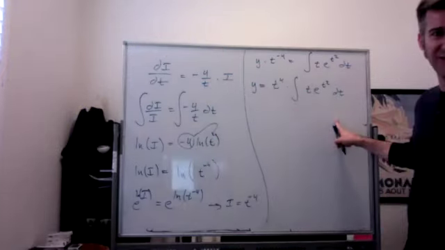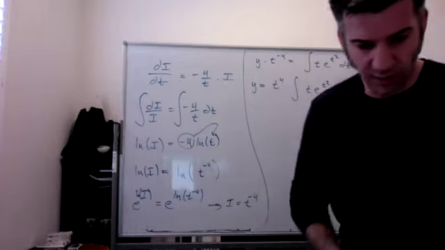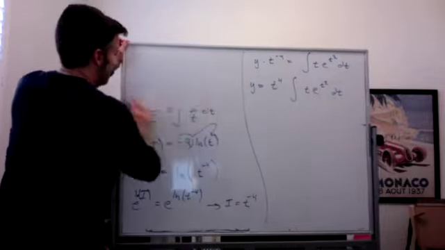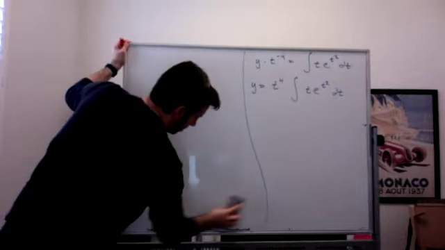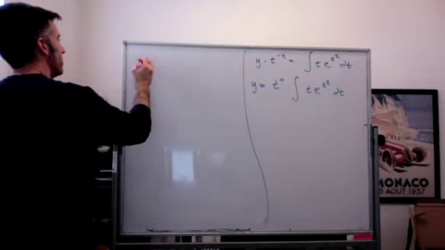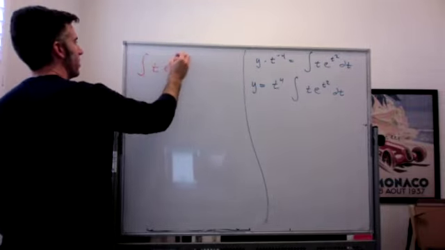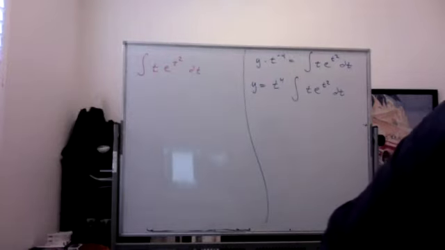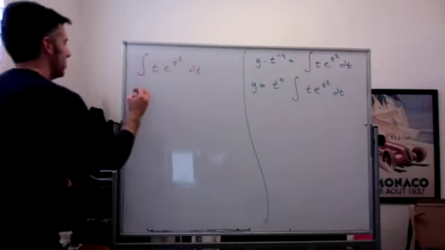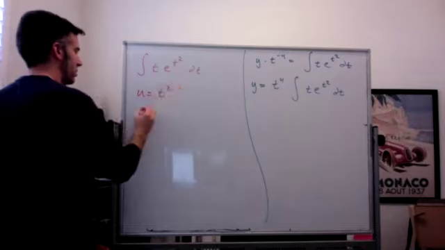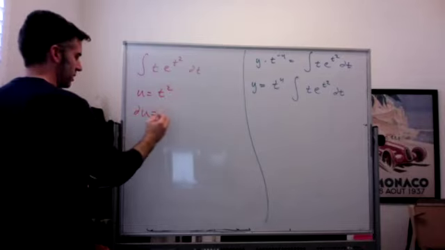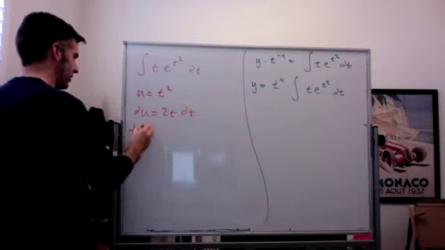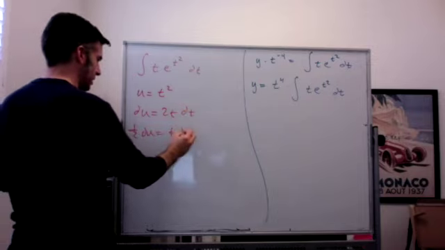To integrate this, we need to use u-substitution. So let's do that real quick over here, and then we will call it a day because it's 2:59. To integrate t e to the t squared, we're going to let u equal t squared. du/dt is equal to 2t, so du is 2t dt. 1/2 du equals t dt.